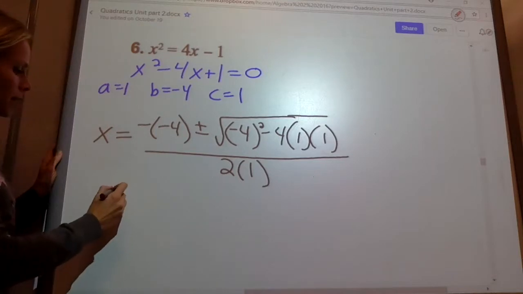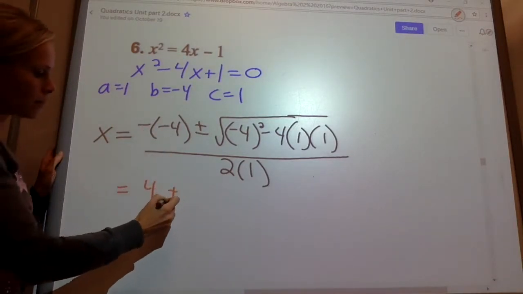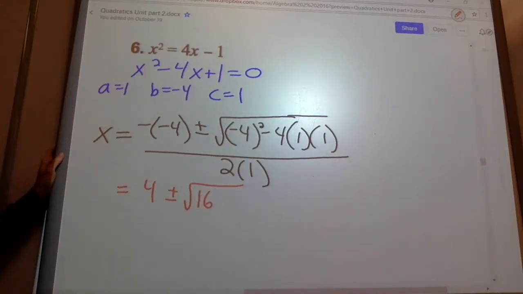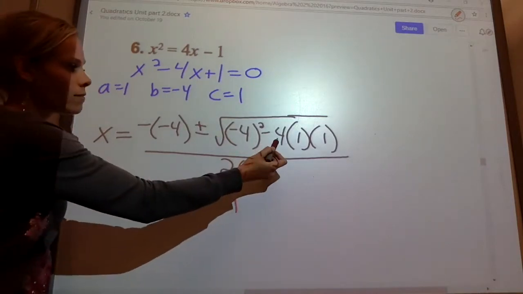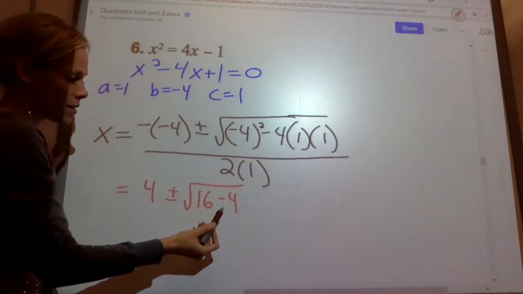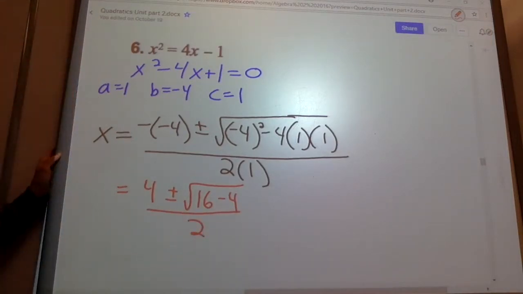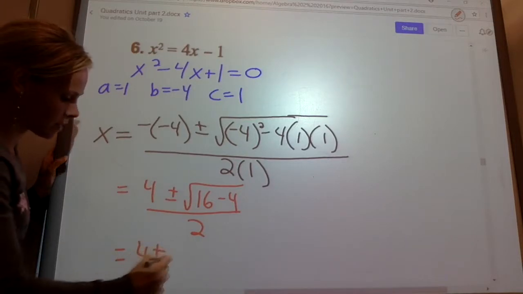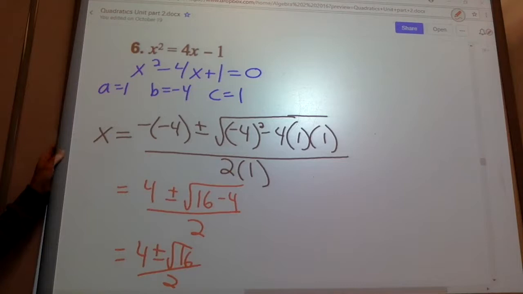So simplifying, this is going to be a positive 4, because double negative, plus or minus square root, remember b squared is always positive, always, minus 4, because -4 times 1 times 1 is -4, all over 2, which would be 4 plus or minus square root 12 over 2, which is a good answer, but I would take some points off.